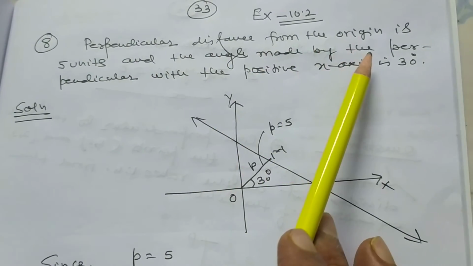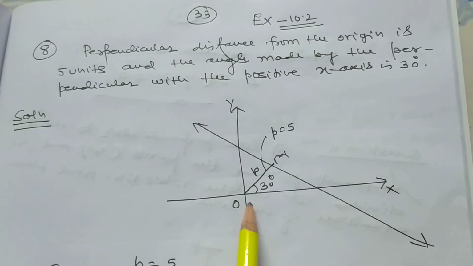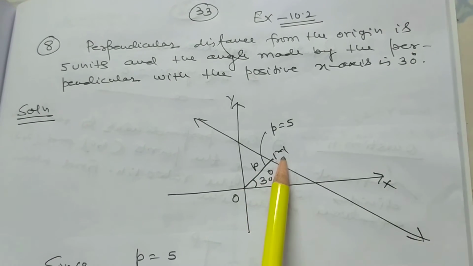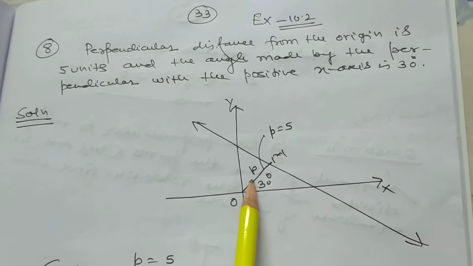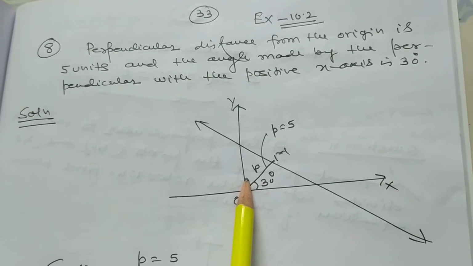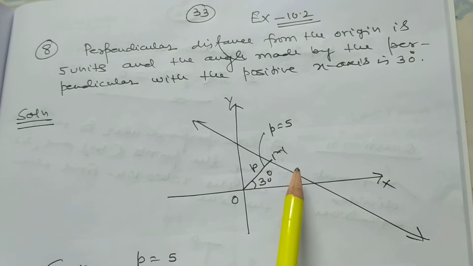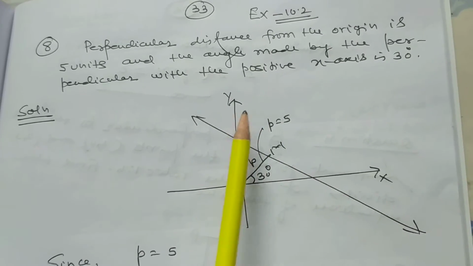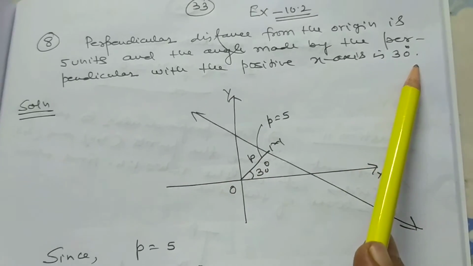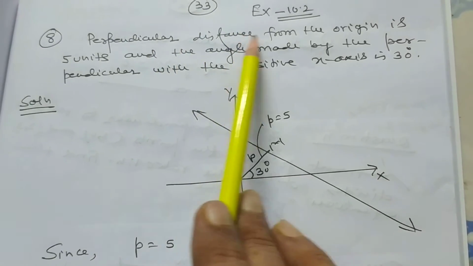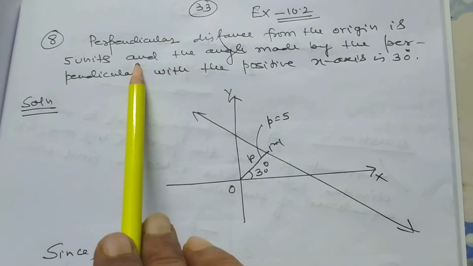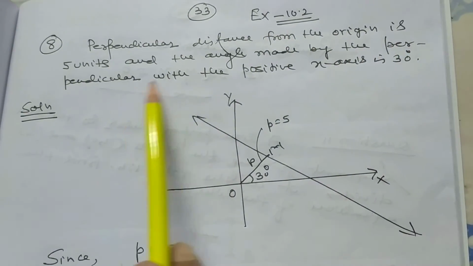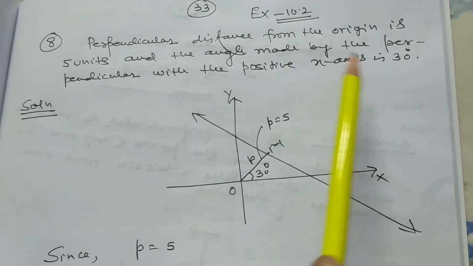Perpendicular distance from the origin is 5 units, p is equal to 5, and it makes an angle of 30 degree from positive x-axis. Perpendicular distance from the origin is 5 units, and angle made by the perpendicular with positive x-axis is 30 degree.